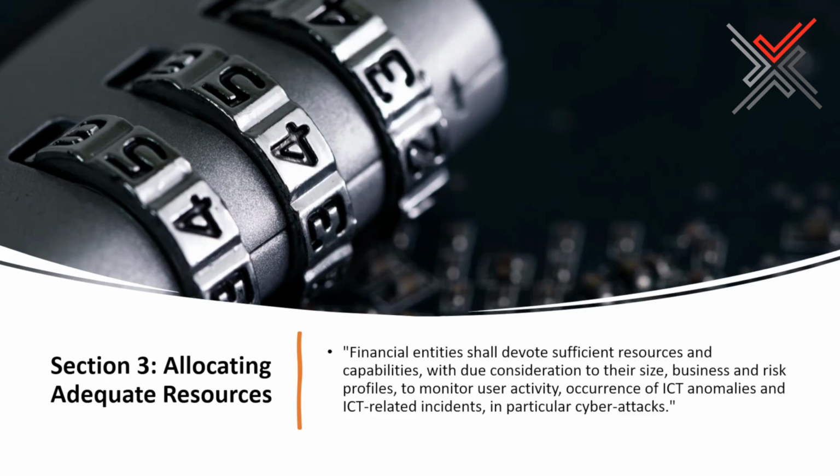So this section stresses the importance of sufficient resources and capabilities. It's not enough to just have mechanisms. You also need people to monitor these mechanisms. Think of it as having security cameras, but also having someone to monitor the footage in real time. This is especially critical when it comes to cyber attacks, where time is of the essence.